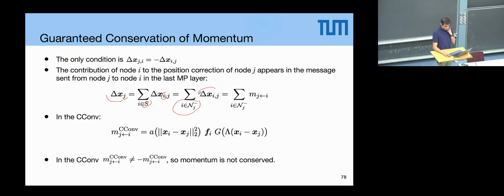And we can see now that this is a message passing formulation, where this is the summation or aggregation, and this is the message. So we need the message from node I to node J to be the same as the message from J to I, but with opposite sign, which is what we have here.